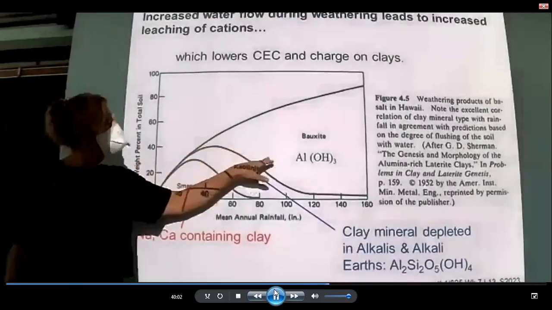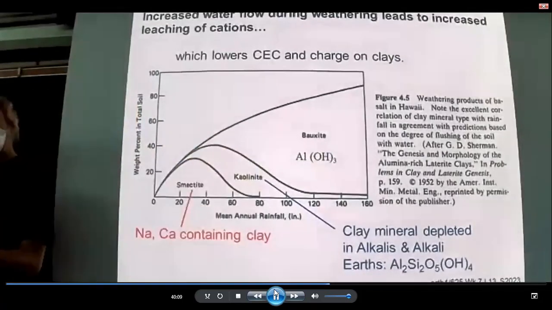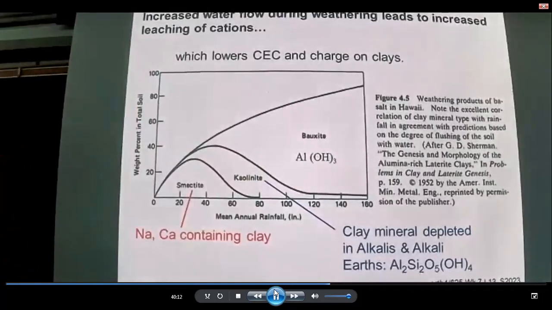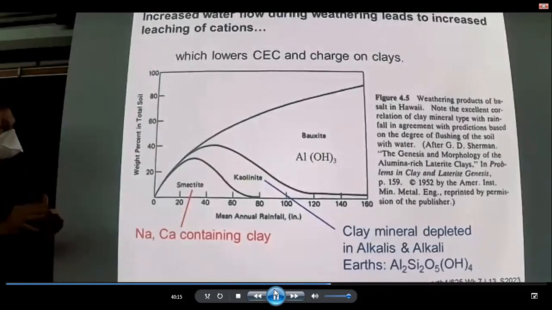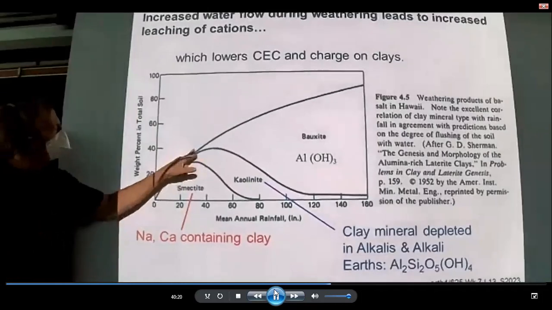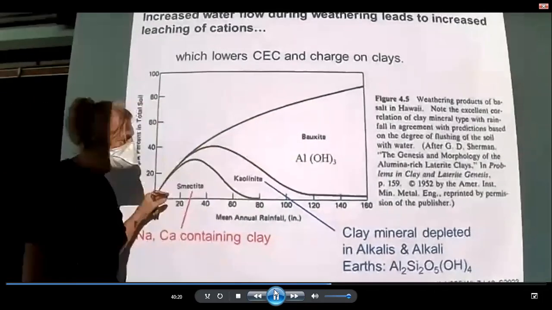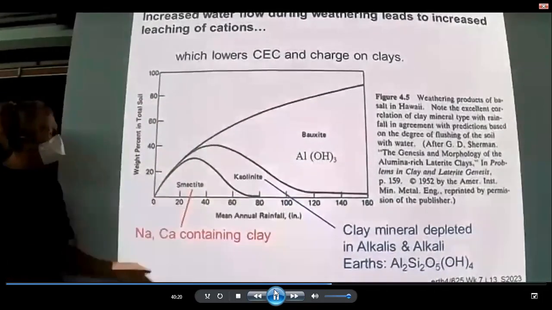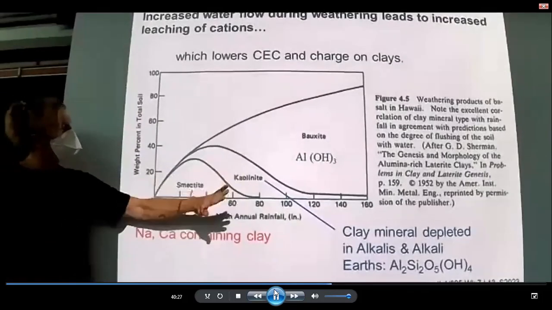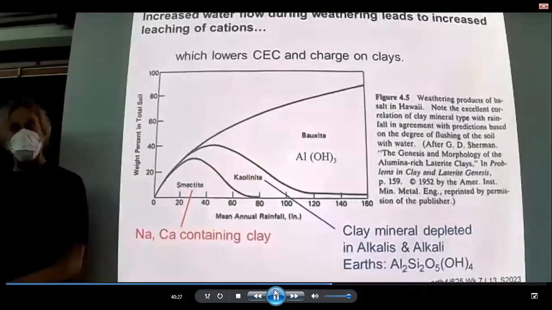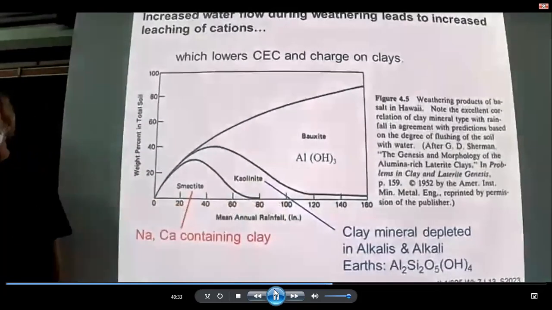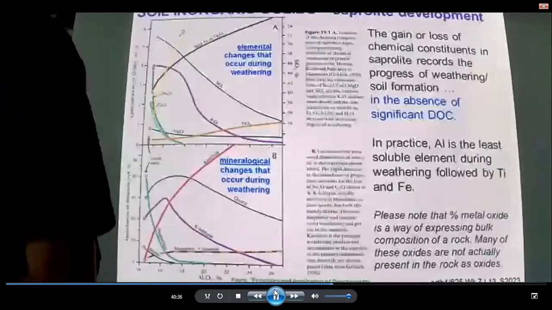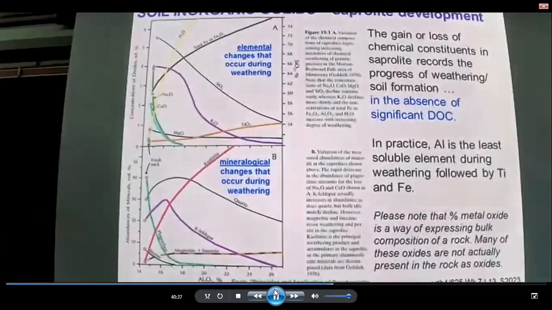So smectite is a low weathering product clay, kaolinite is a high weathering product clay, and bauxite is basically deposits of gibbsite formed under very extreme amounts of weathering. We have very few deposits of bauxite here in Hawaii. The curve I'm pointing to now is the total amount of alteration mineral, which increases substantially as the amount of rain increases. And you can also see that what that alteration mineral is composed of transitions from one form to another as the rain increases.